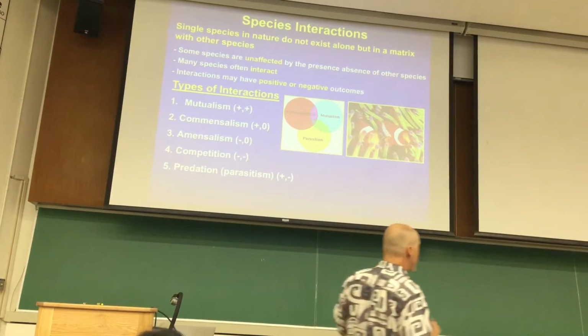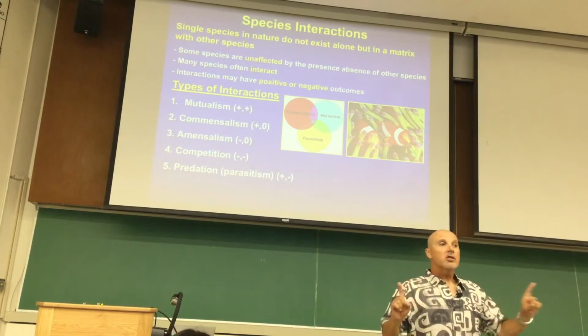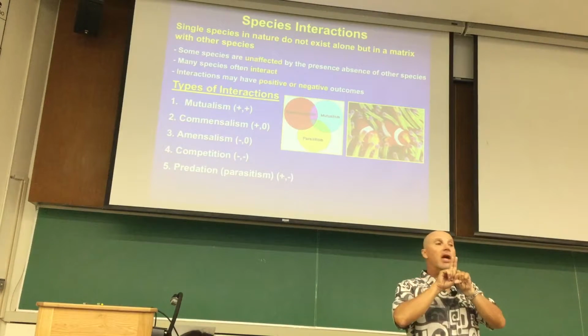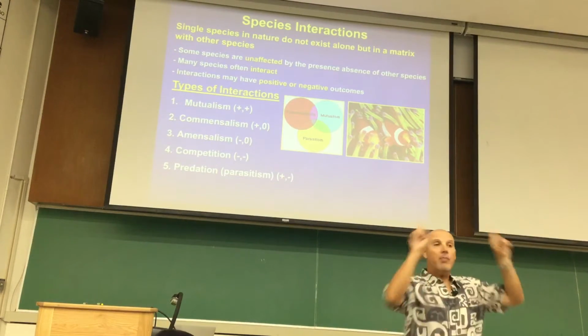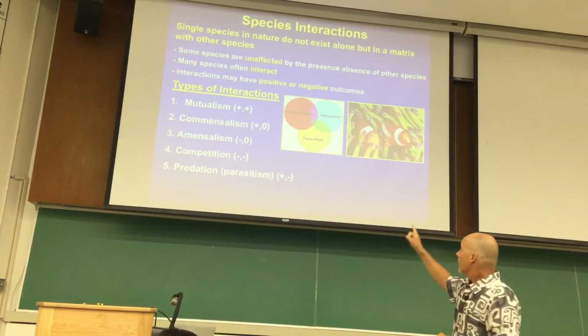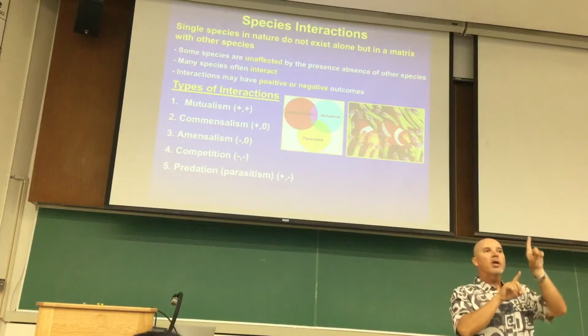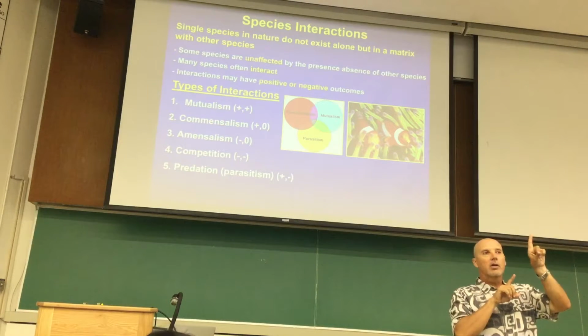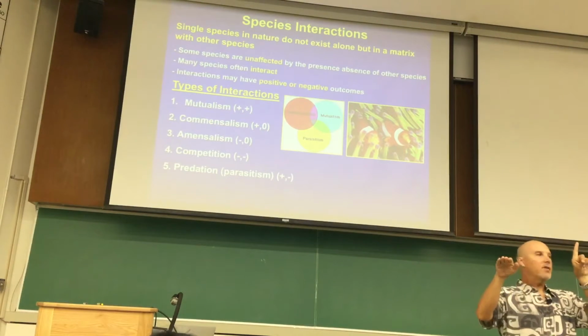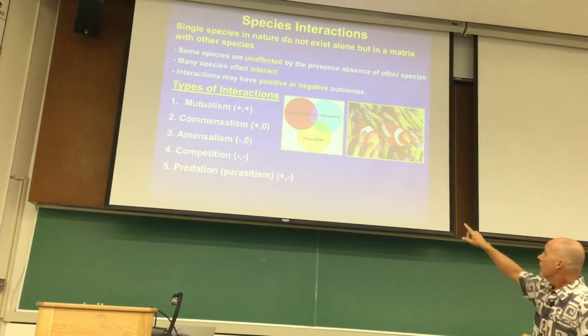So mutualism is plus plus. What does that mean? For the species involved in this interaction, what happens to their population growth rates? They both go up. Commensalism means that of the 2 species involved in the interaction, one population growth rate does what? Goes up, with the other not affected, no change.